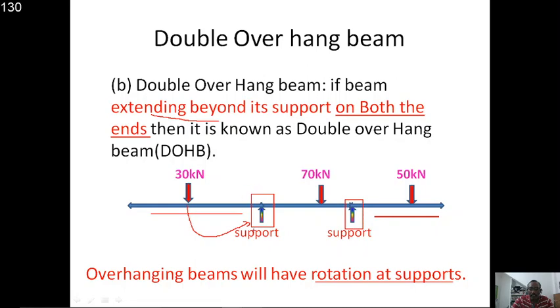So this support is subjected to rotation, and similarly this support is also subjected to rotation by this moment. 15 into this perpendicular distance gives the moment here, and 30 into this perpendicular distance gives the moment here. So the supports are subjected to rotation, or they are under extra moment in addition to the force. That is the problem with the overhang, hence we need to design for that moment.